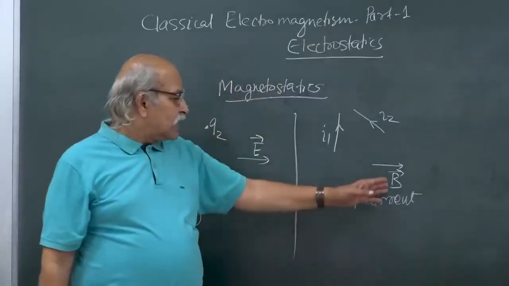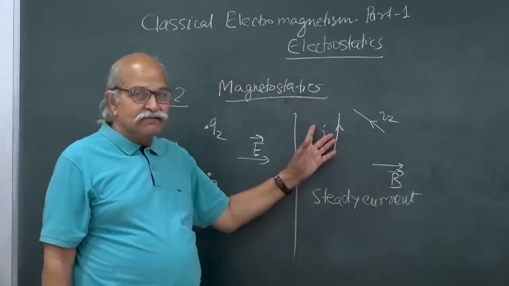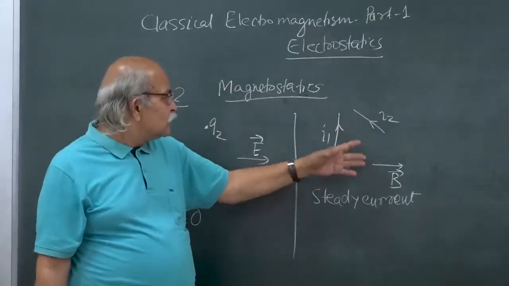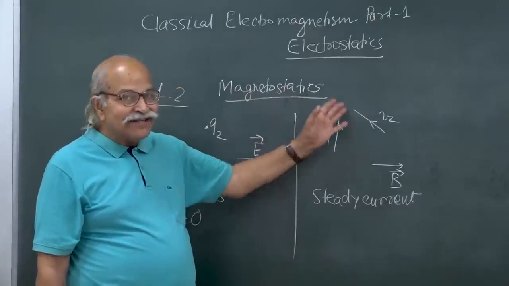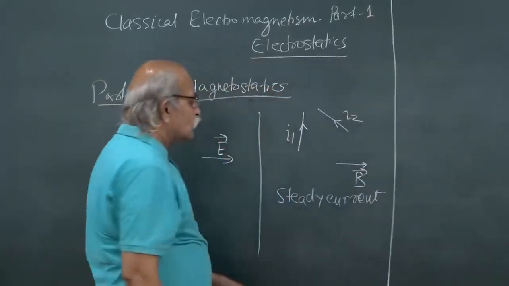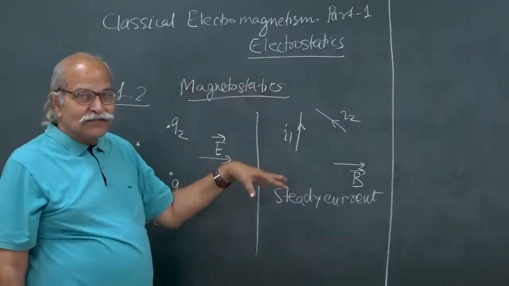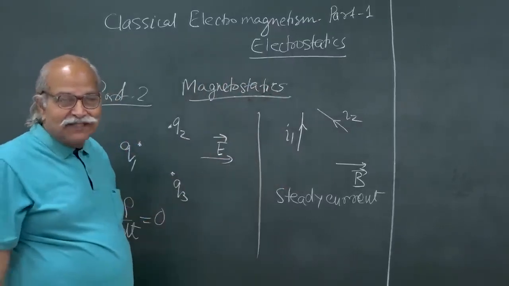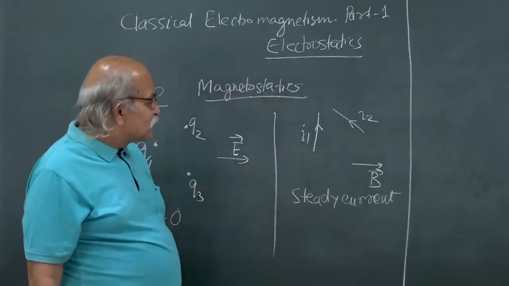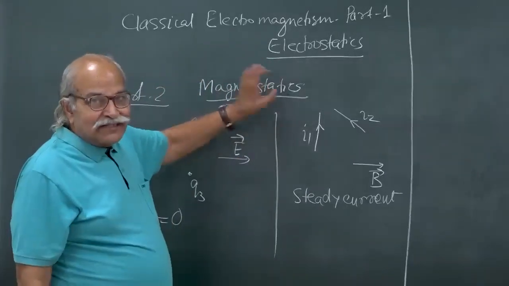So, if the magnetic field is produced by steady currents which are not changing with time, then this area is known as magnetostatics, okay. We will be talking mostly about magnetostatics in this course, depending on how the course goes and how it evolves. We can do some other things also, but basically it will be focused on magnetostatics.